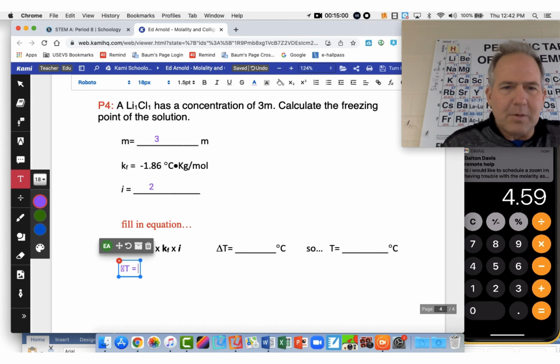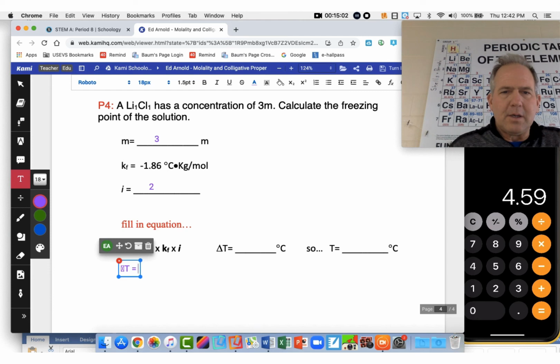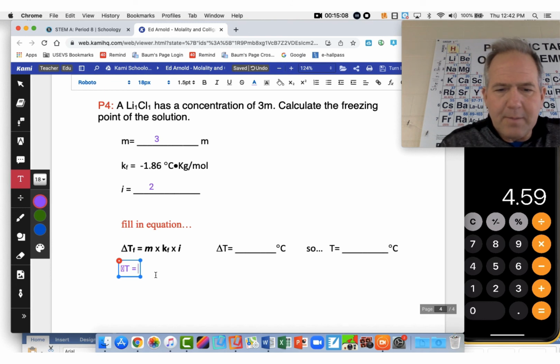And this equals, get that out of the way, m. So little m is 3. Boom, 3. Kf, and again, negative 1.86. Parentheses, I'm just going to make mine look pretty. And then finally, the i's.